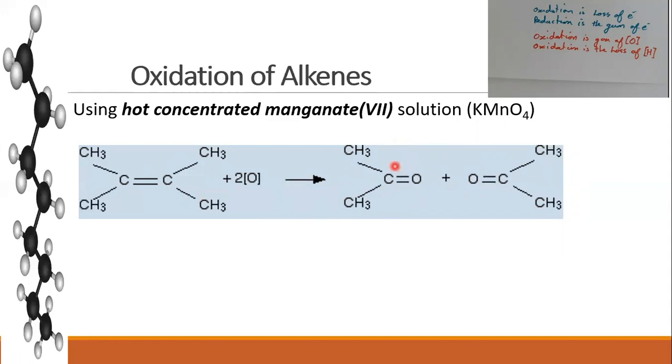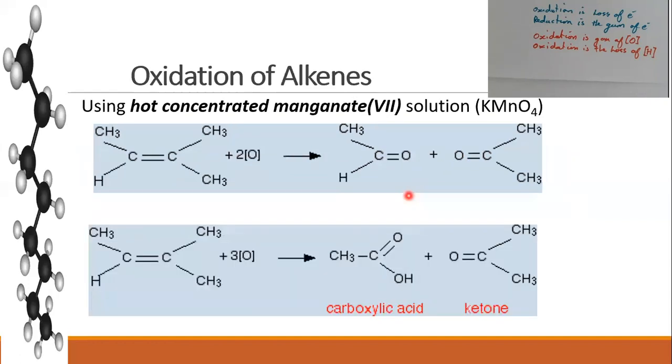Question now: can we oxidize this carbon more? That means, is there a hydrogen that we can lose to gain an oxygen on this specific carbon? No, there isn't. So this is the final product. Because I've asked this, obviously there are other options as well.